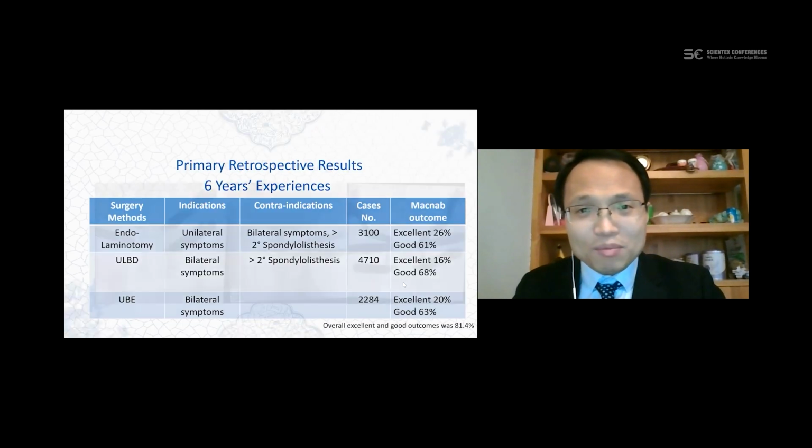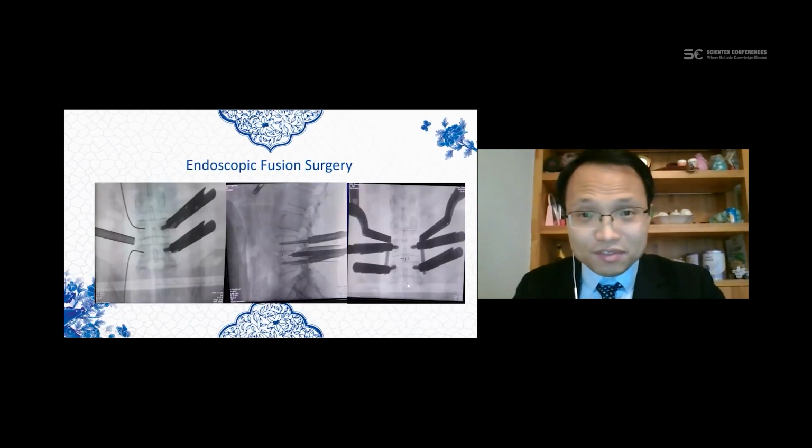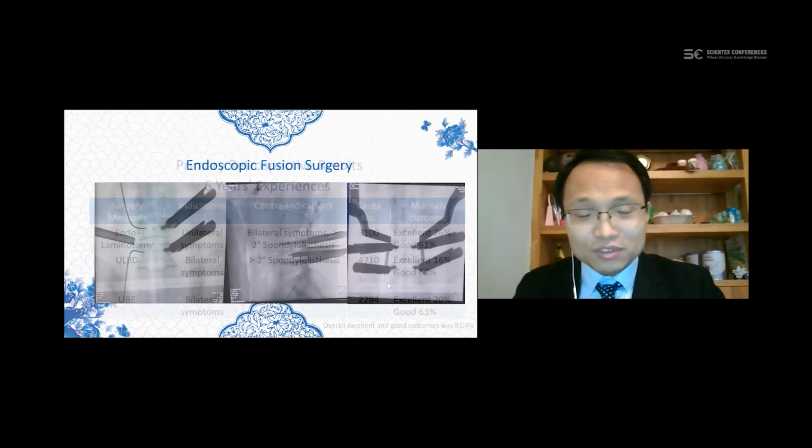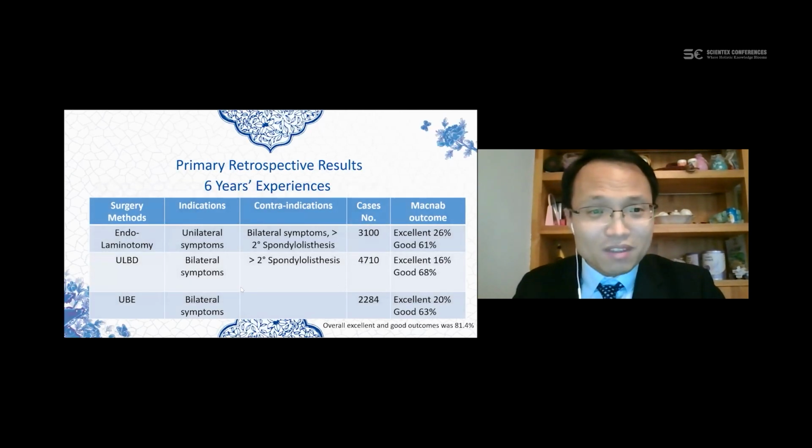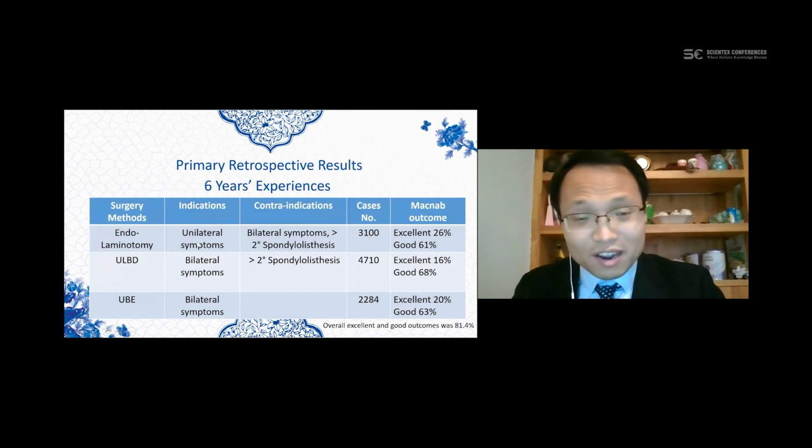Here are some primary retrospective readouts of 6 years of experience. The 3 endoscopic surgeries for lumbar stenosis have their own special indications and contraindications. Endolaminectomy is just for unilateral symptoms.